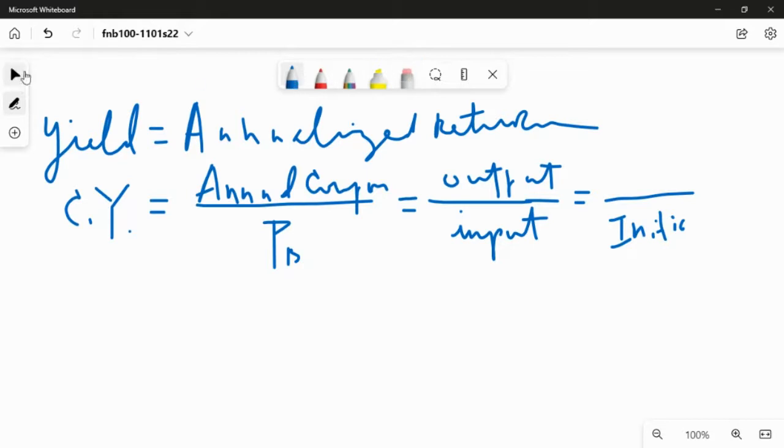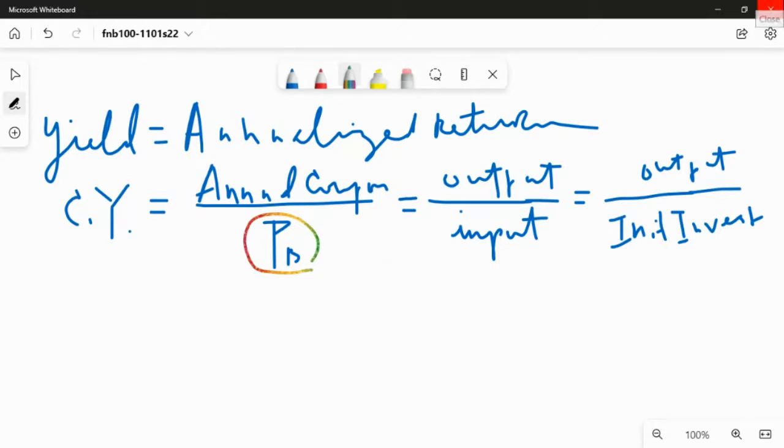For your initial investment, how much the output is for that initial investment. That's what the return is. And think about it. If you want something from this bond, you have to buy the bond. So you have to pay this price, right? You have to pay the market price.